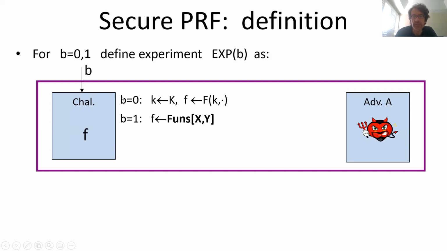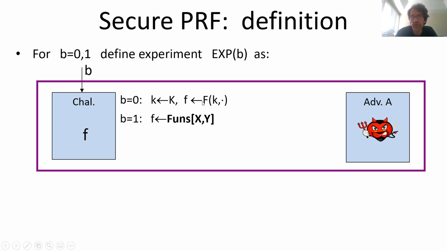This time, this bit will determine whether the box the adversary interacts with is a block cipher. So PRF, namely the random PRF key is chosen and the function it interacts with is chosen as the PRF with this key, or this is a completely random function that is independent of the code of F.